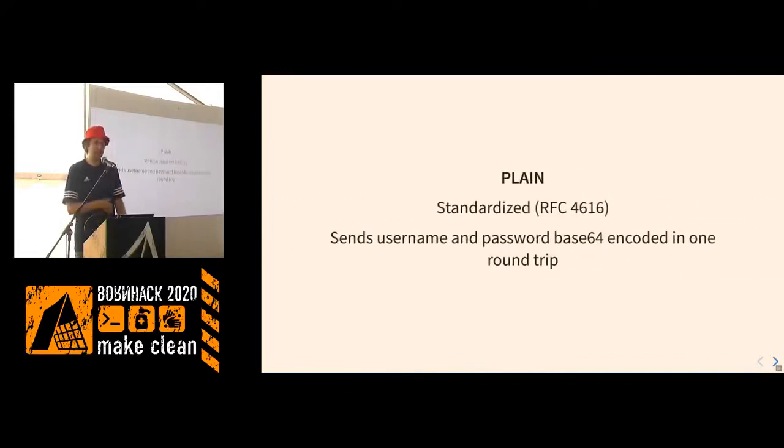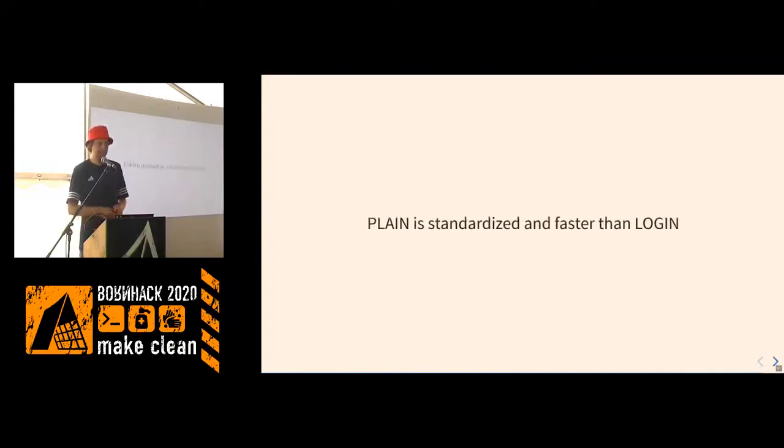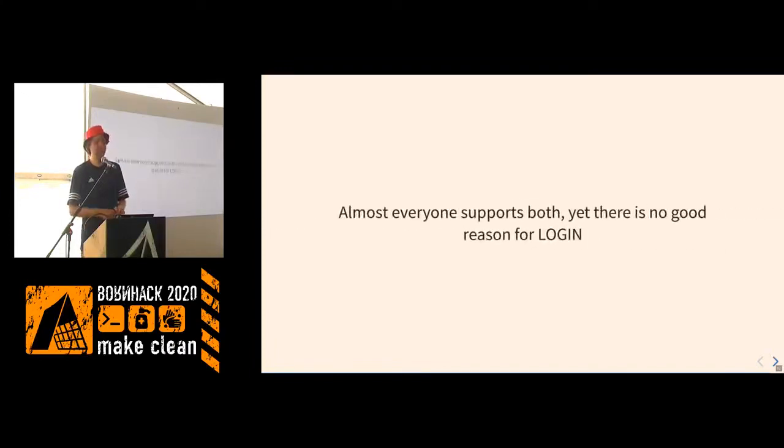And we have the PLAIN method, which is standardized in an RFC, and it sends username and password in one line, in one base64 encoding. So PLAIN is standardized and it's faster than LOGIN. So these are two advantages.